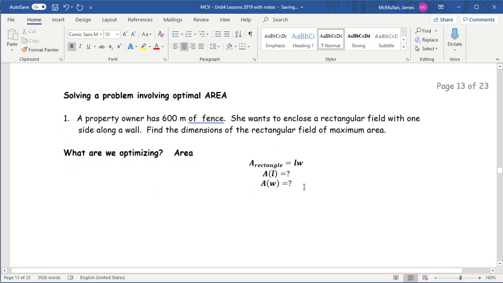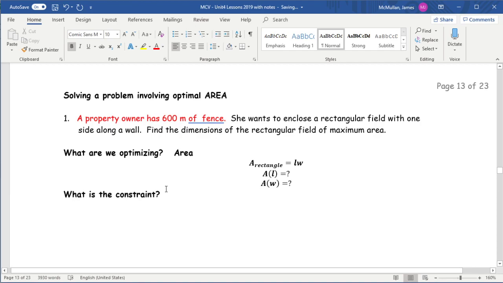So you have two variables trying to input into the same function. You don't have the right kind of function yet. So we go back to the question and ask, what is the constraint? The constraint is another piece of information in the question that's limiting your area in some way. The constraint in this question is up above.